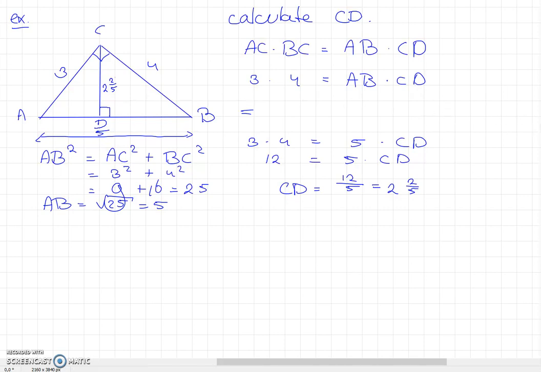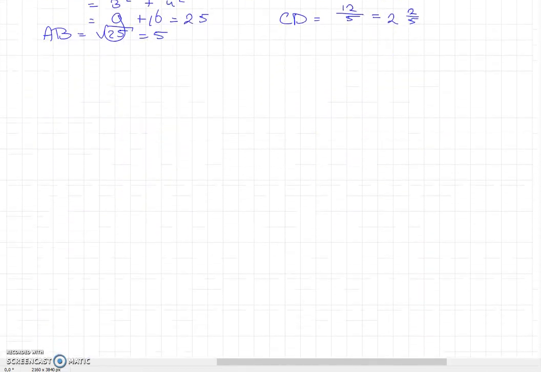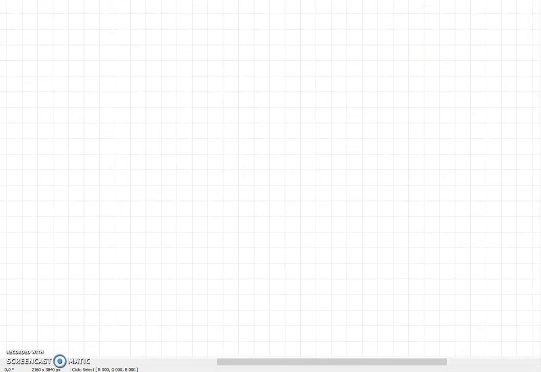I mentioned before that this method only works when there's a right angle in the original triangle. But we can make a more generalized version of this method.